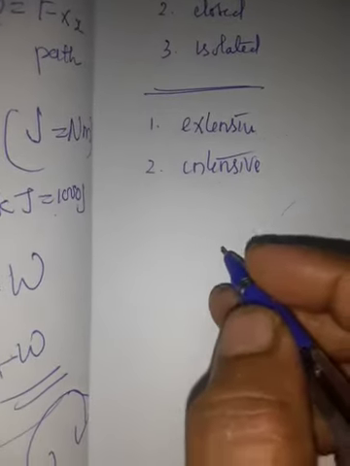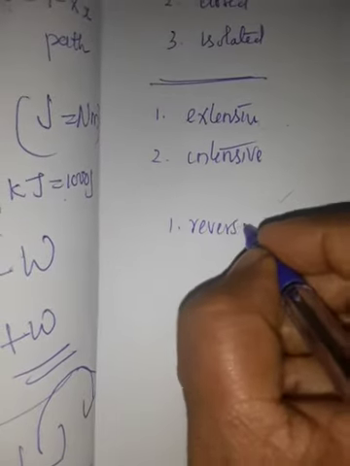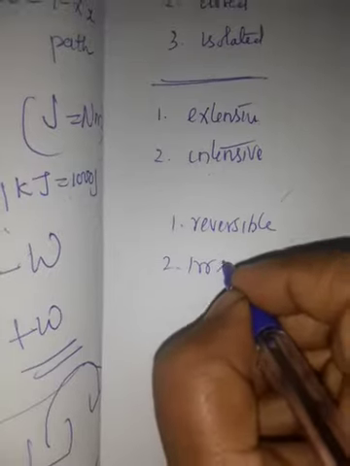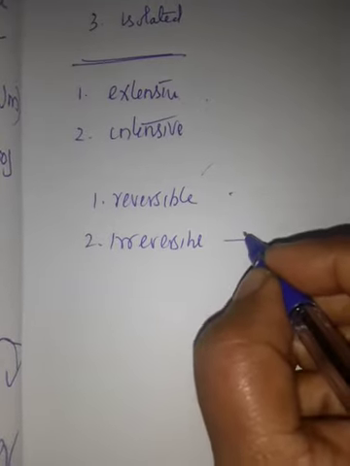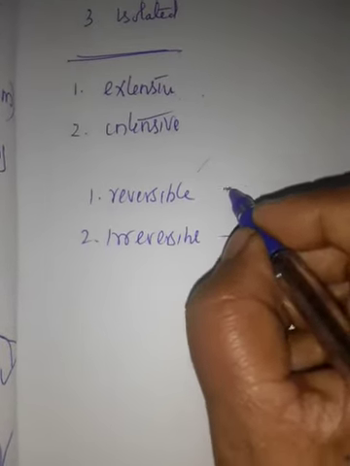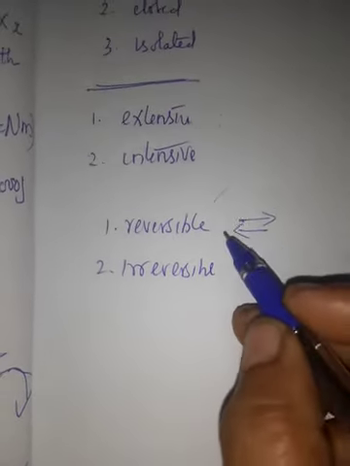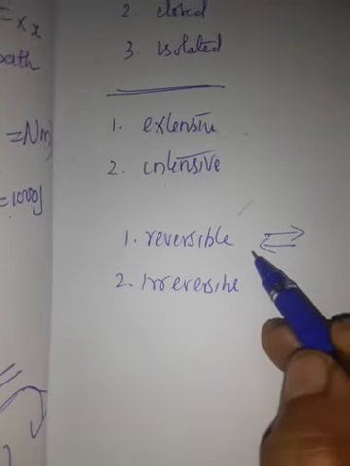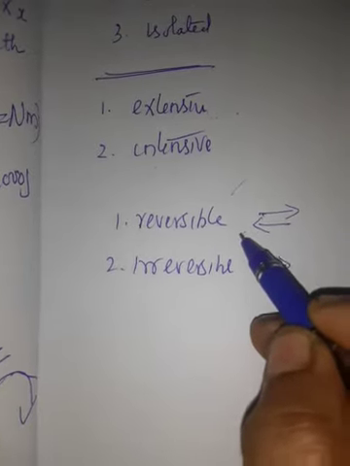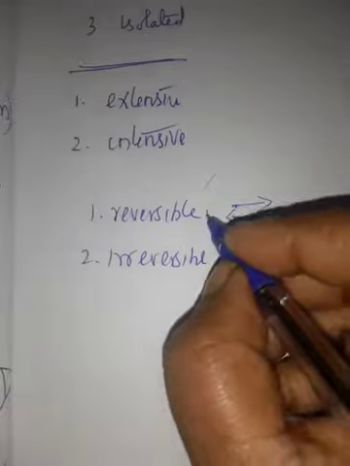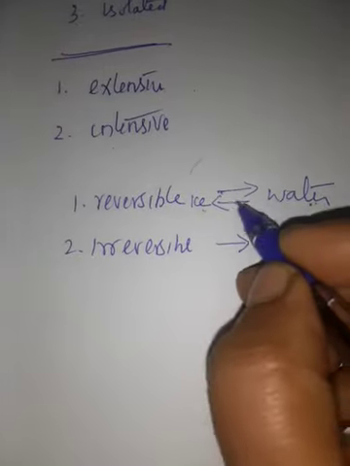Now, some thermodynamic processes we are going to learn. The first one is reversible. Second one is irreversible. For irreversible, only one forward arrow is used. For reversible, forward as well as backward arrow. A reversible process is one in which the system and surroundings can be restored to the initial state from the final state without any change. For example, ice converted into water, and once more, when cooled, water becomes ice.